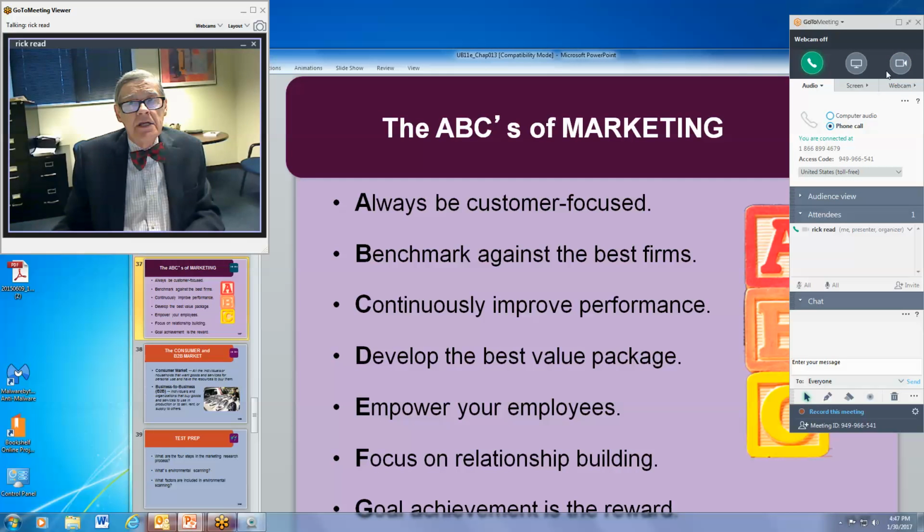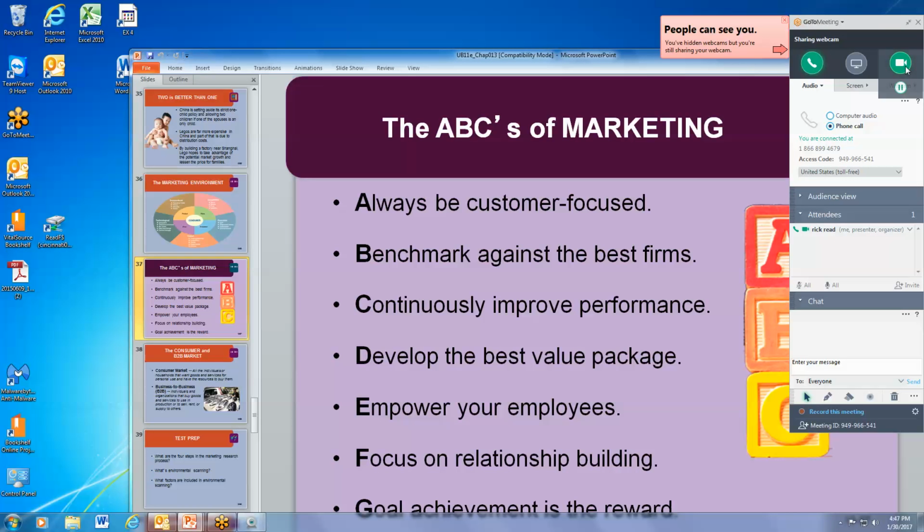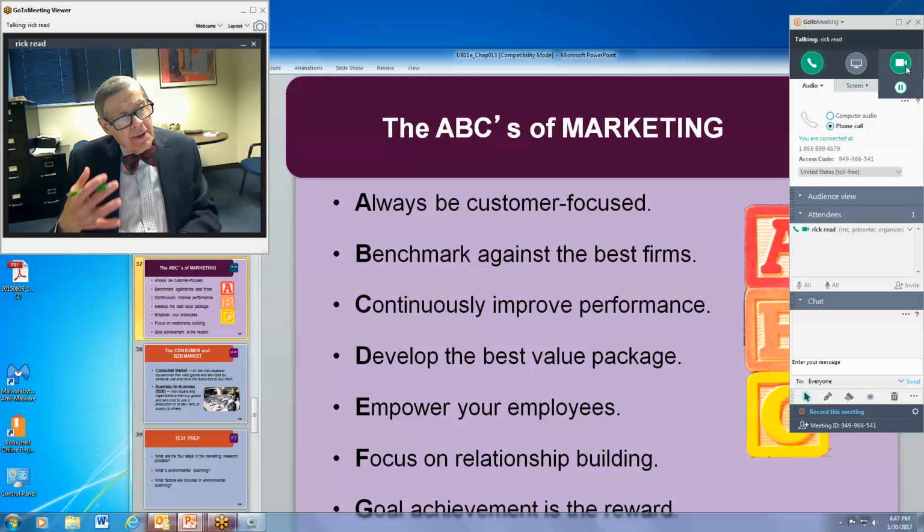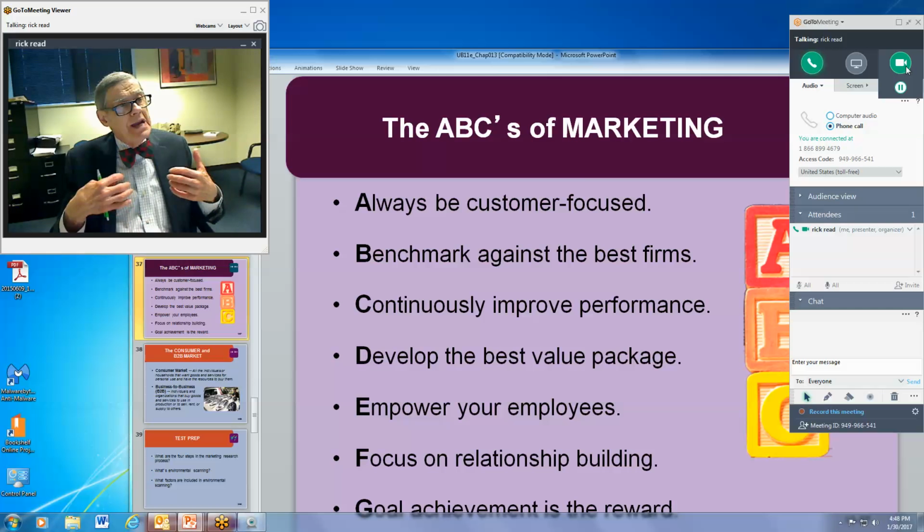ABCs of marketing. Really pretty easy to understand. We're actually going beyond A. We're going all the way to C. We're actually going all the way to G. But all this talks about things that we're supposed to do. We need to be customer focused. We need to compare ourselves against the top competitors in our field, known as benchmarking.